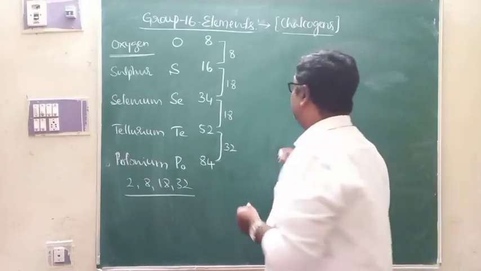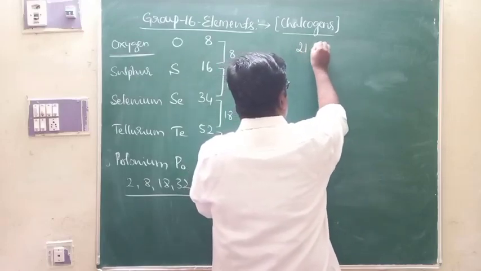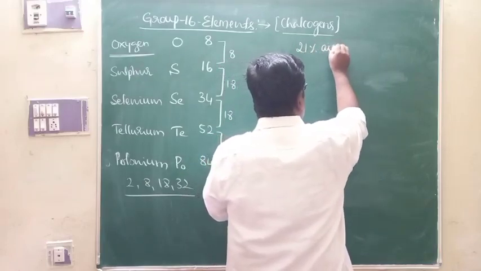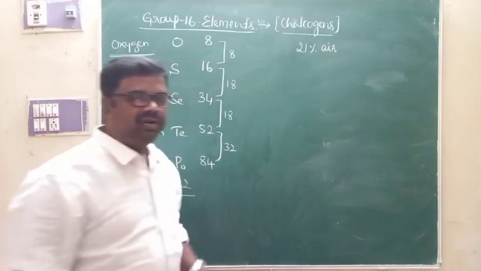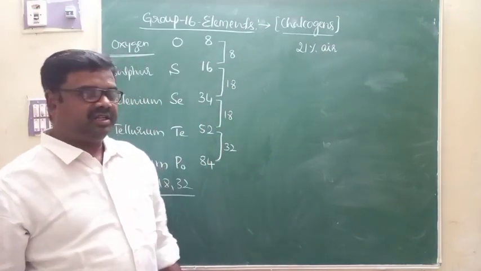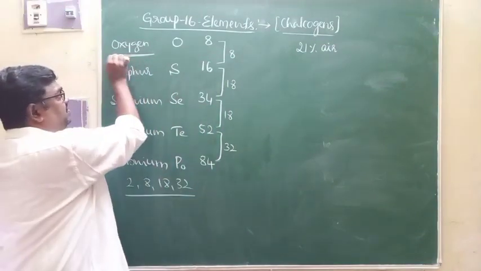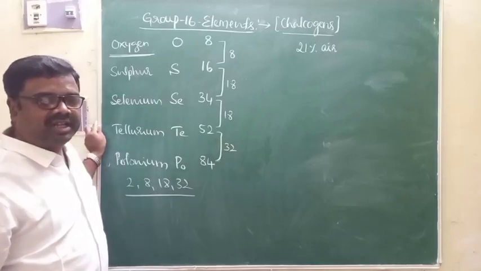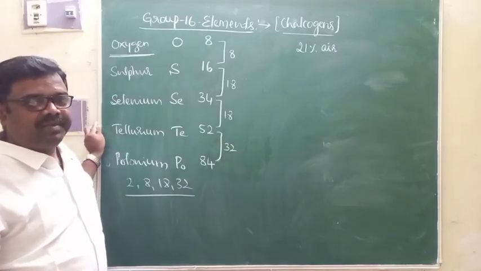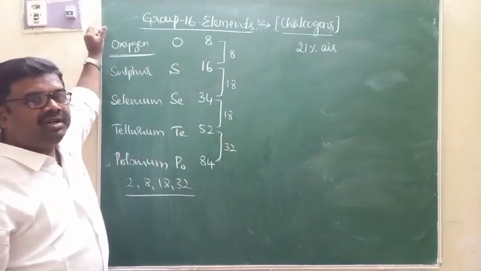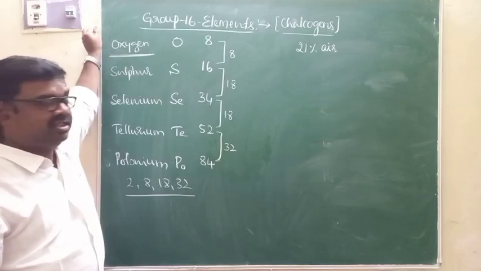And of course, in the atmosphere, around 21% of air contains oxygen. Remaining oxygen will be in the form of oxides, peroxides, superoxides, like that.